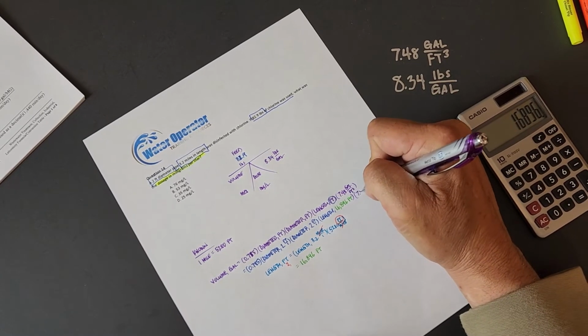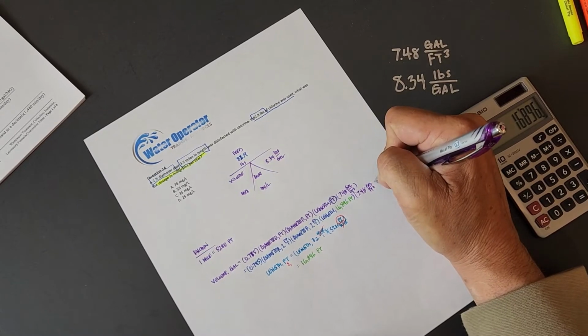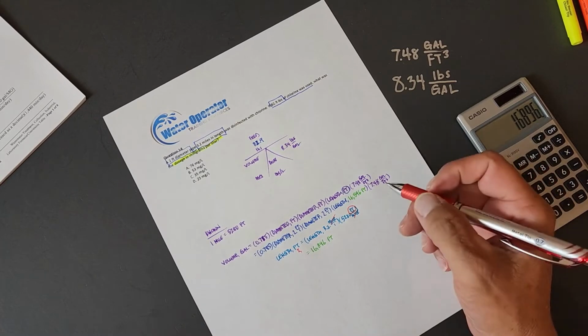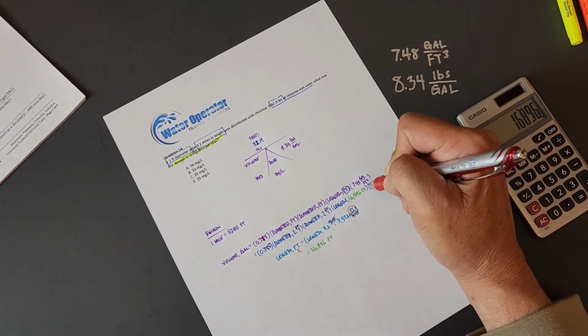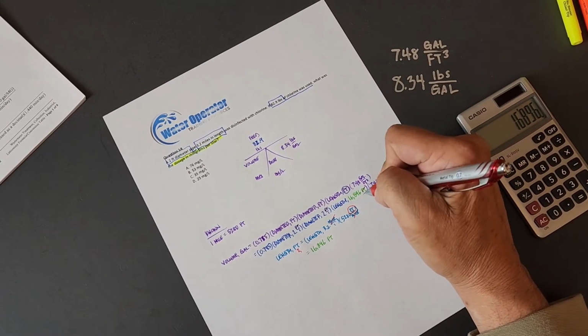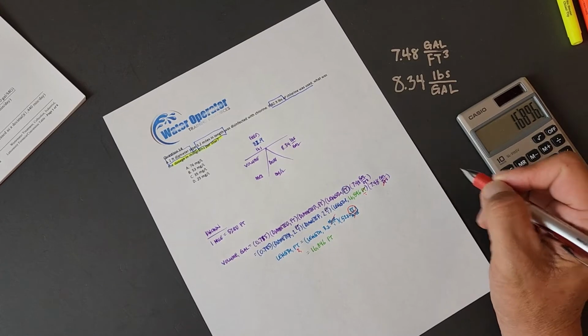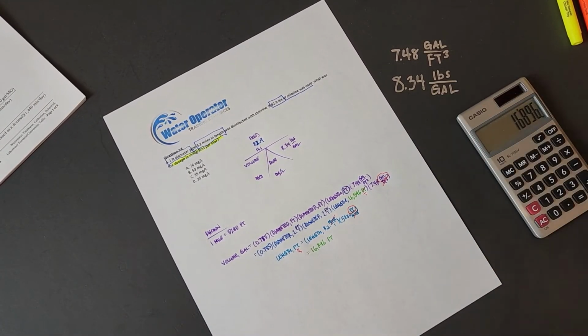Let's get back to completing this formula. We're going to multiply all that by 7.48 gallons per cubic foot. We're looking for gallons. We have foot, foot, and foot. Cross cancel out that cubic feet. We want gallons. We're left with gallons here.